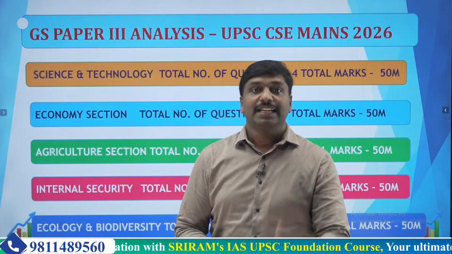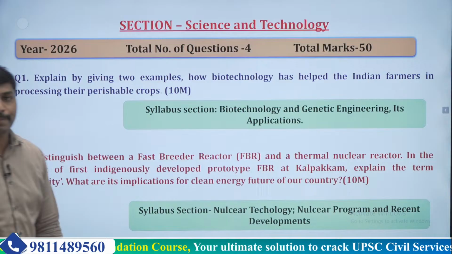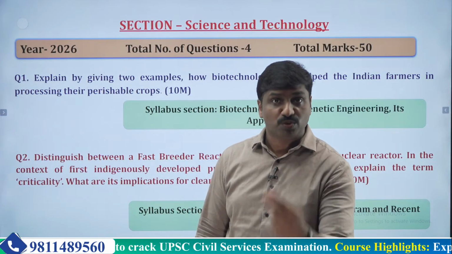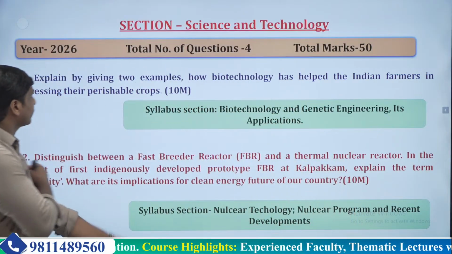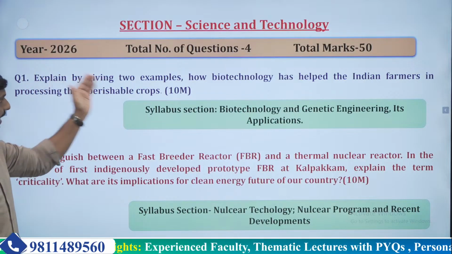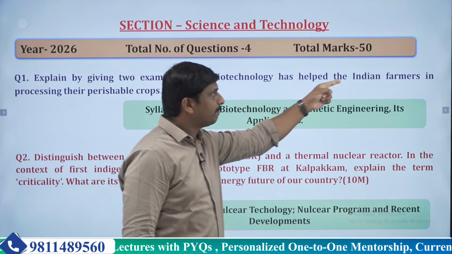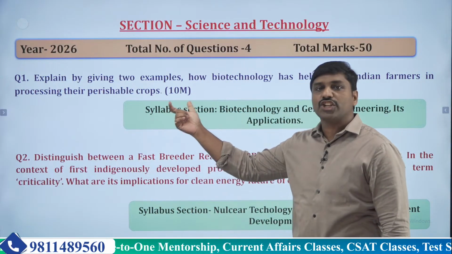Now, if you look at the questions picked and asked in science and technology, as we were discussing, there were 2 10-marker questions. Have a look at the first question: Explain by giving 2 examples how biotechnology has helped the Indian farmers in processing their perishable crops.